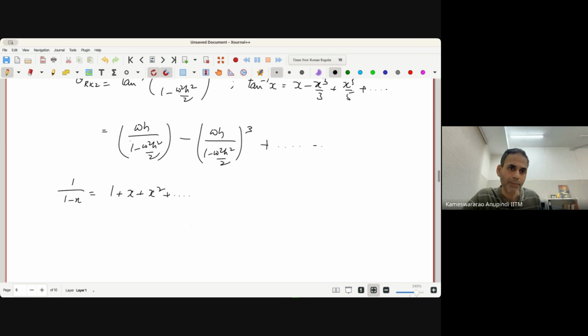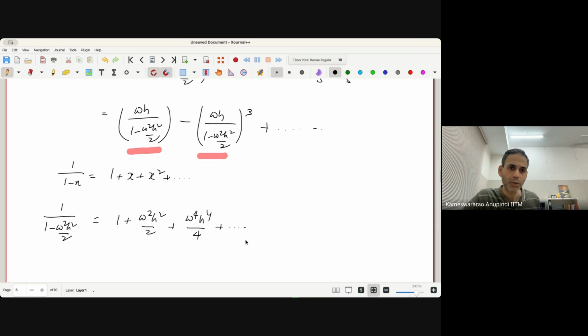So wherever we are getting 1 by 1 minus omega squared h squared by 2, multiplied with omega h, I'm going to write it as 1 plus omega squared h squared by 2, that is my x, plus x squared, that is omega to the power 4 h to the power 4 by 2 squared, that is 4, and so on. Okay, which I'm going to substitute in each of these expressions here.